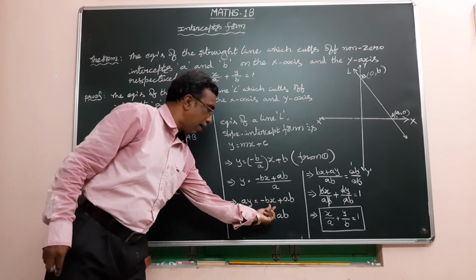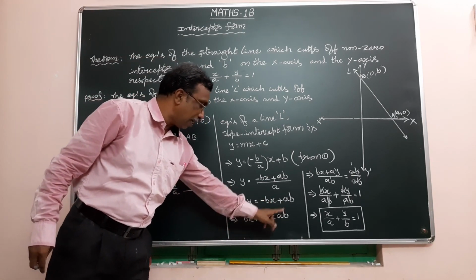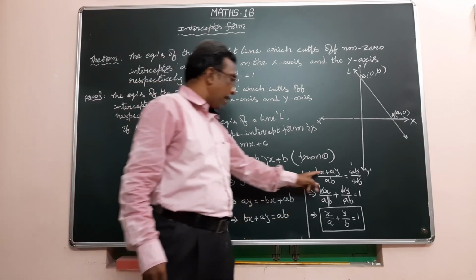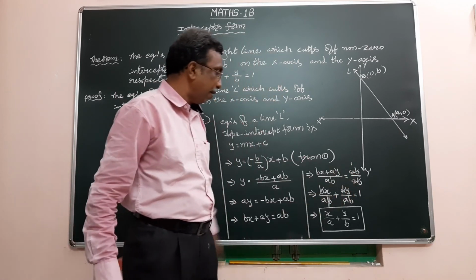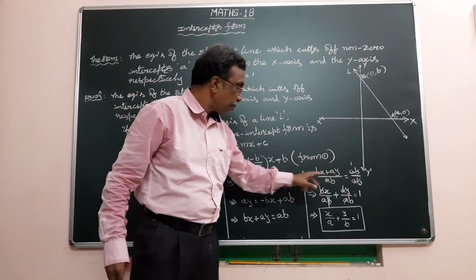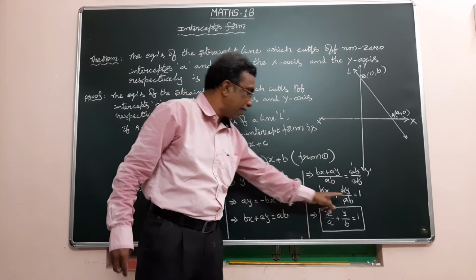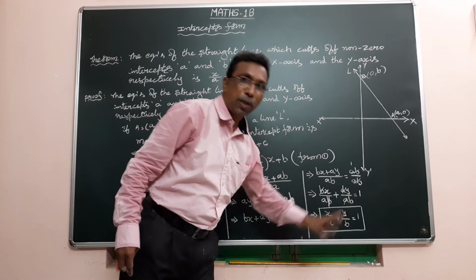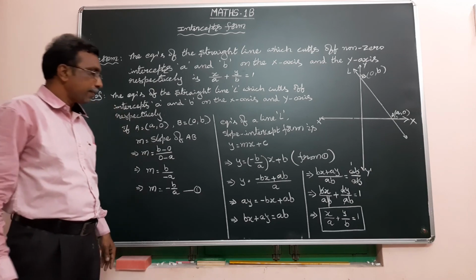Now we take this term from RHS to LHS: bx plus ay equal to ab. Dividing ab on both sides: bx plus ay by ab equal to ab by ab. Ab cancels one time. Bx by ab plus ay by ab, b cancels, a cancels. X by a plus y by b equal to 1. That is the intercepts form.